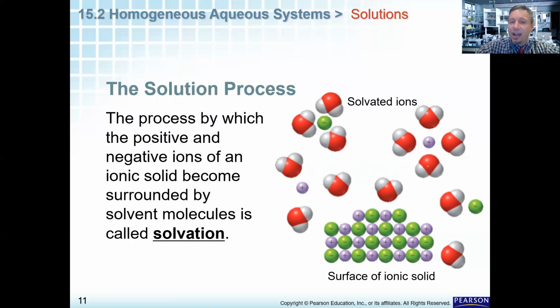And here you see a little diagram of what happened. In this case, we're talking about KCl. Right here is the Cl1 minus, and you can see the minus sign there, and all the white there is the hydrogen surrounded.